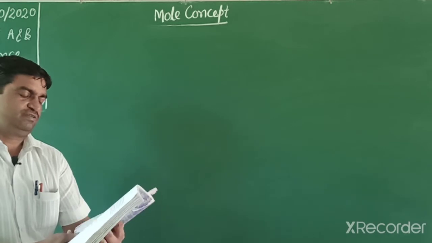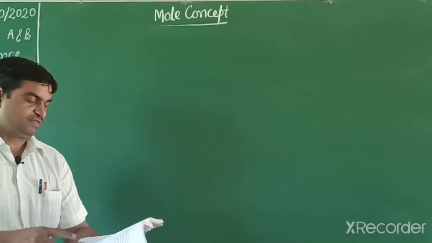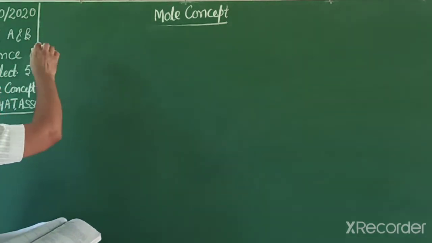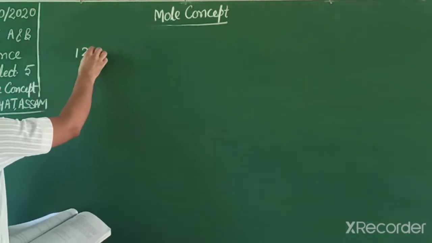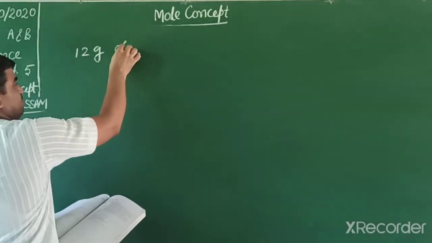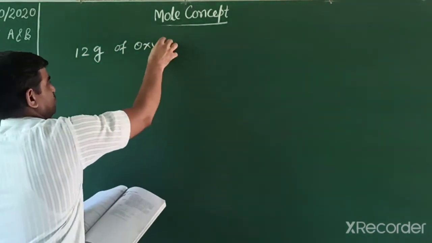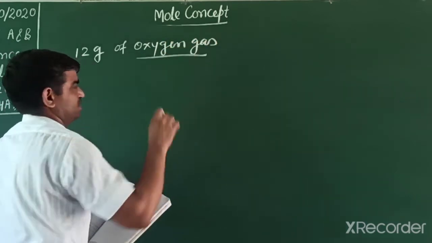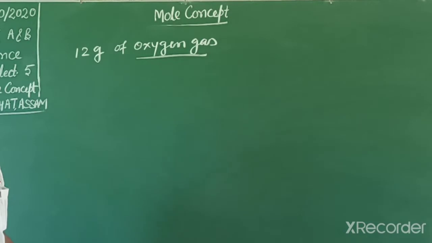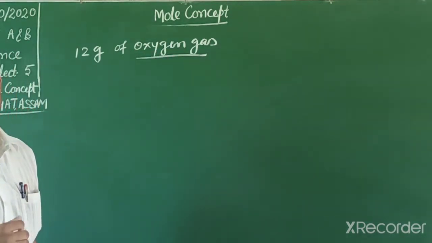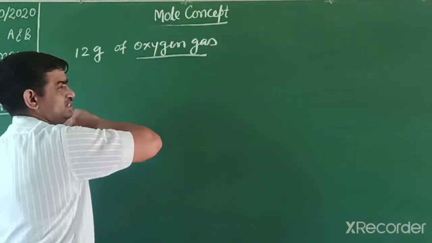Students, the next numerical is given in your book, question number 8, convert into mole. That is given 12 gram of oxygen gas. If the question comes in this way, we didn't know whether oxygen is in atomic or molecular form, but oxygen gas is given.